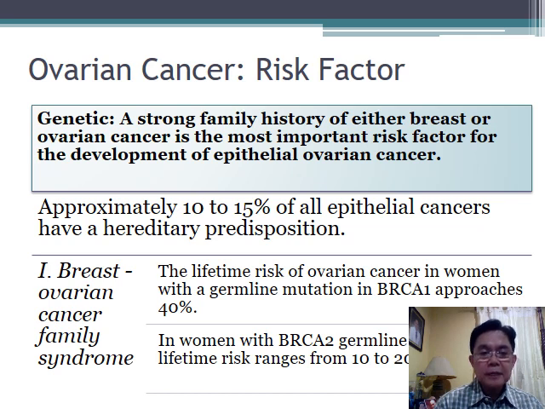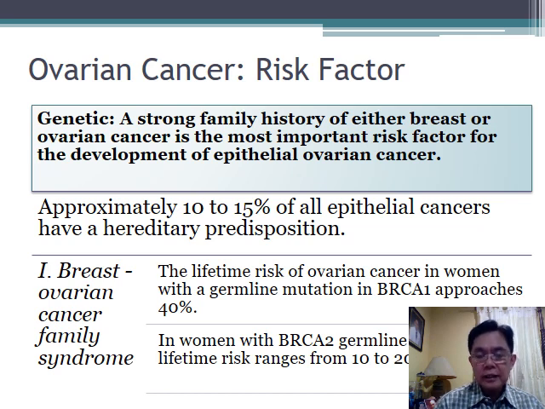The first type is the breast-ovarian cancer family syndrome, in which the lifetime risk of ovarian cancer in women with a germline mutation for BRCA1 approaches 40%. In women with BRCA2 mutations, the lifetime risk of developing ovarian cancer ranges from 10 to 20%.